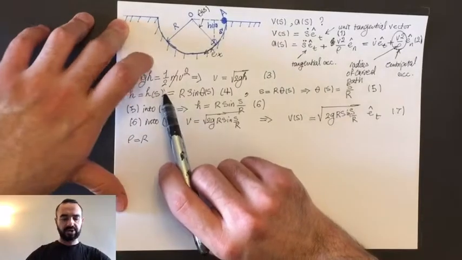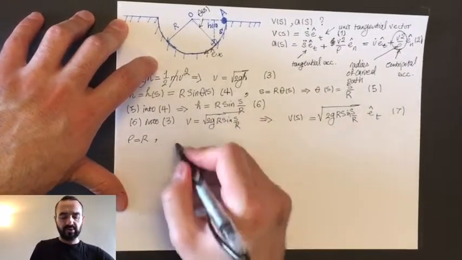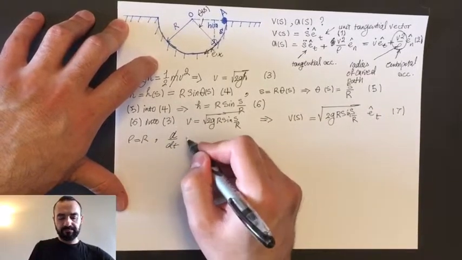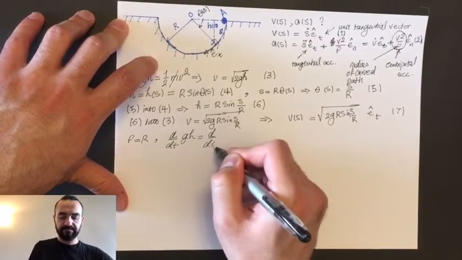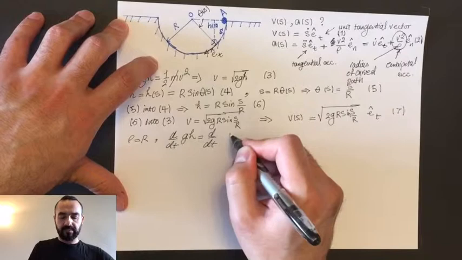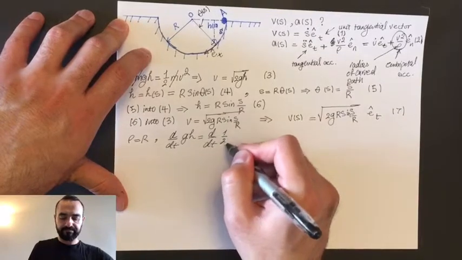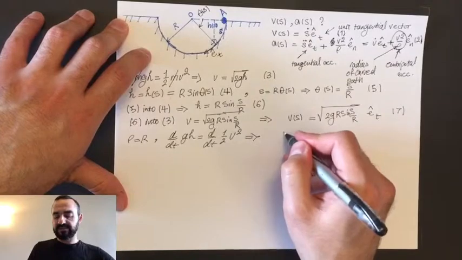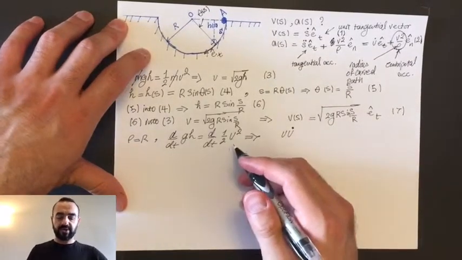If you look at equation 3 and you differentiate equation 3 with respect to time, so d dt of gh is equal to d dt of half v squared. This gives us v dot. It is a simple differential equation.